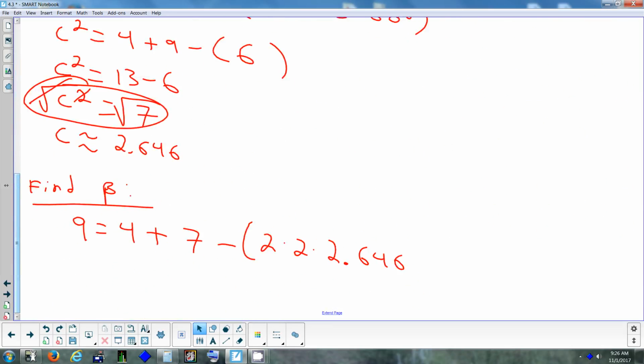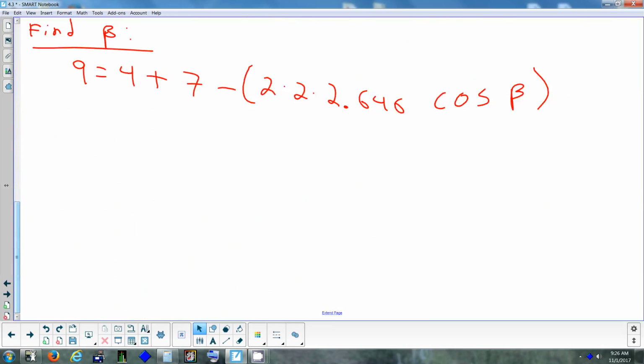And what's the last thing? Cosine beta. I was going to put parentheses. I just don't want to confuse people between multiplication and a decimal point. So that's multiplication. That's my decimal.